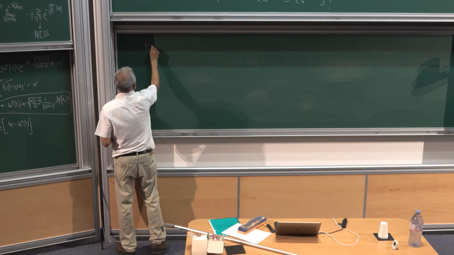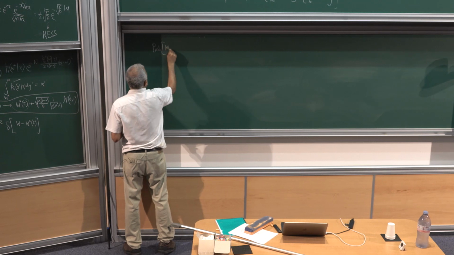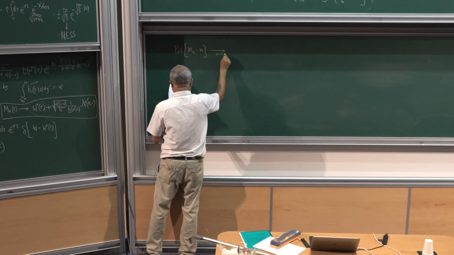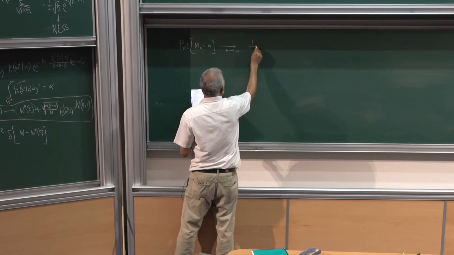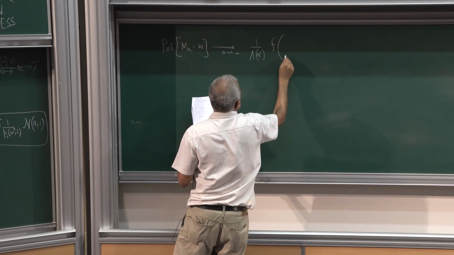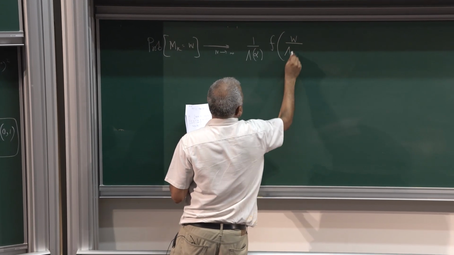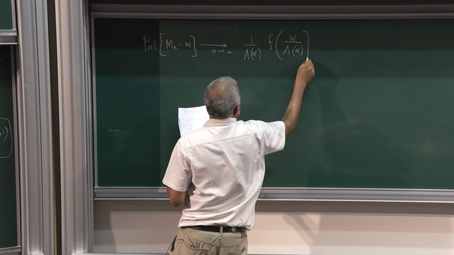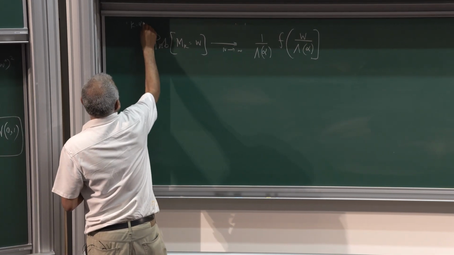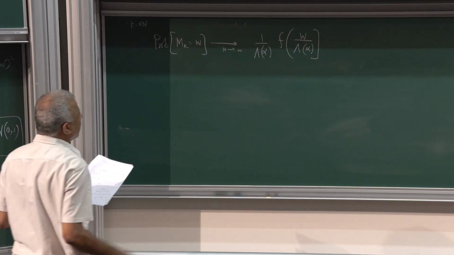the probability of mk equal to W, in the large n limit, converges to a scaling form. I'll write it down first. You remember that k is alpha n. So I'm taking k large, n large, keeping alpha fixed.